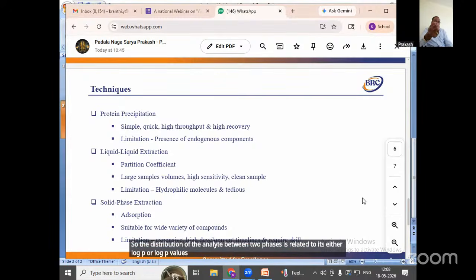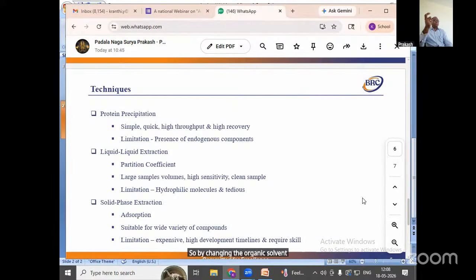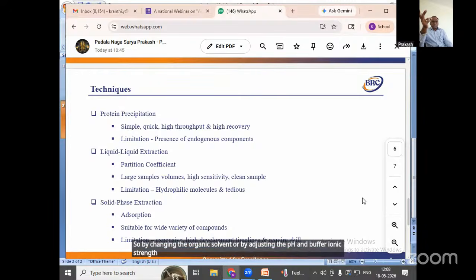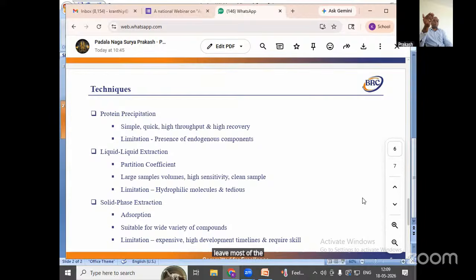By changing the organic solvent or by adjusting the pH and buffer ionic strength, the target analyte can be favorably extracted from the aqueous phase into the organic phase, leaving most of the matrix components such as phospholipids, proteins, or inorganic salts in the aqueous phase.